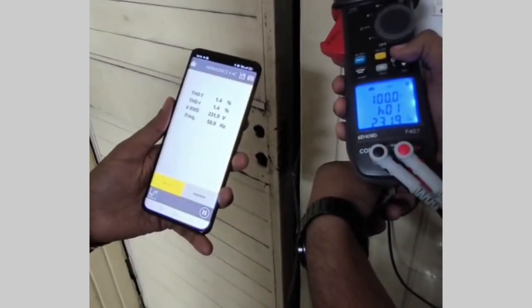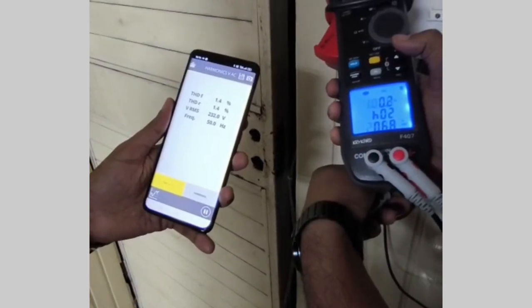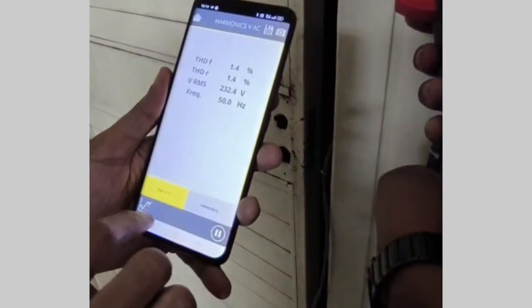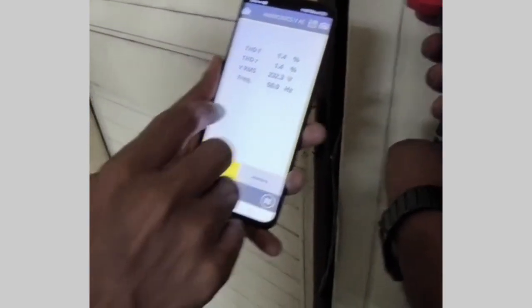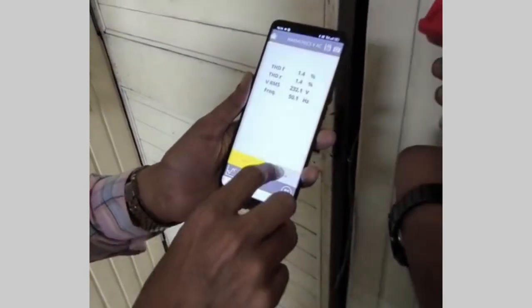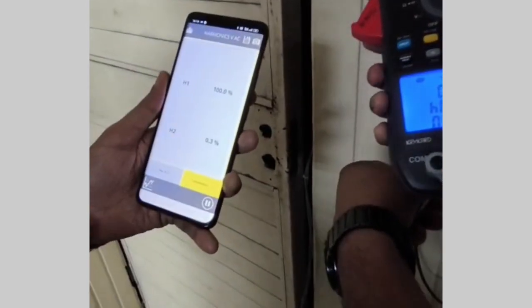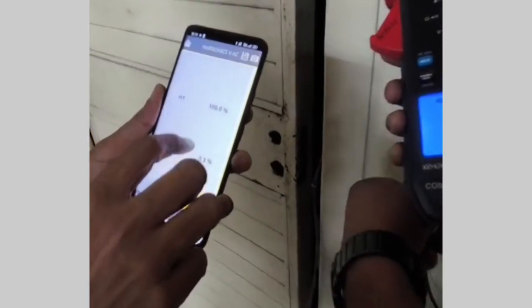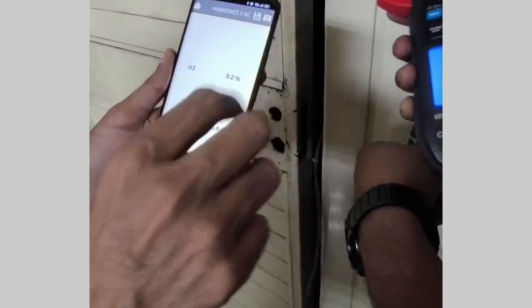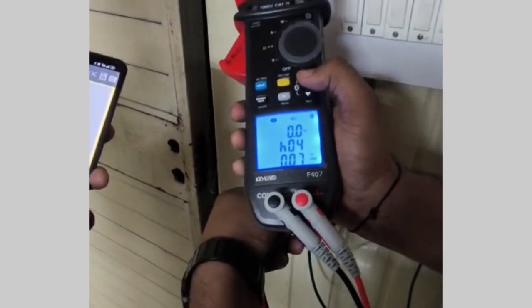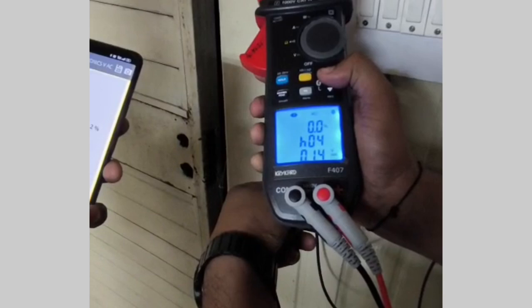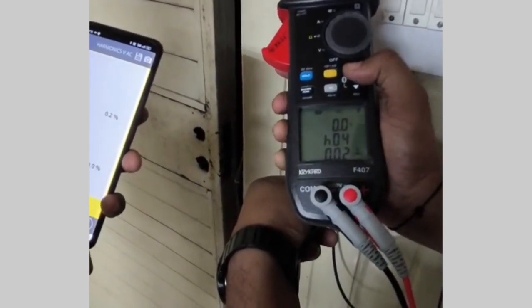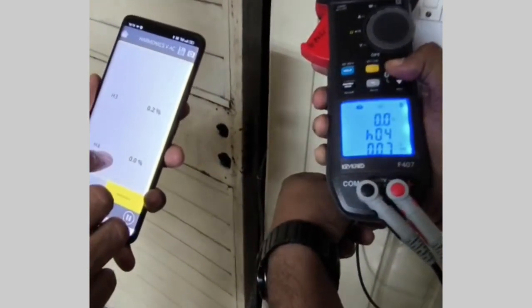I have inserted my clamp-on meter, a clamp-on harmonic power analyzer, in the incoming circuit. Here I am measuring the distortion in the voltage. Apart from that, if you want to do the same thing with individual equipment, it can be done with this.